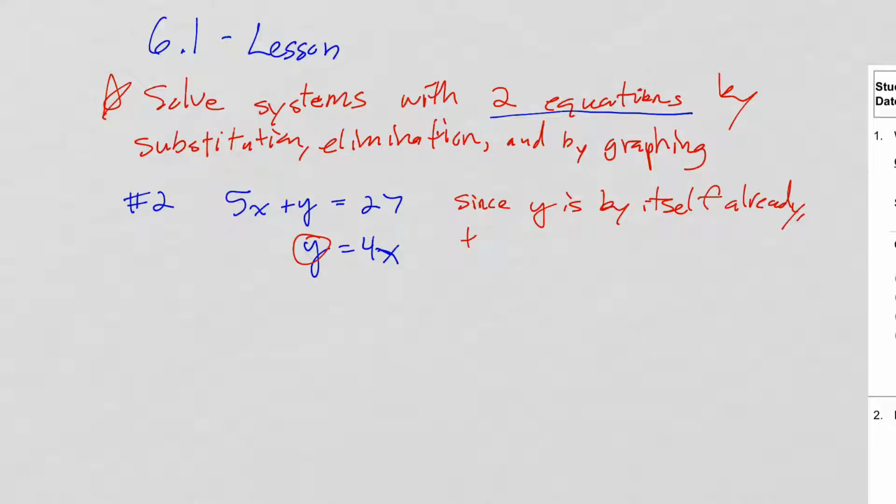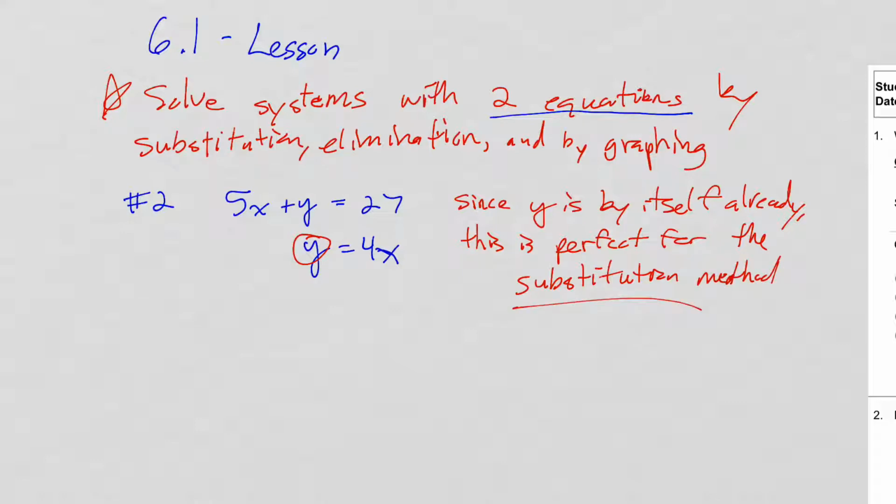This is perfect for a particular method called the substitution method.